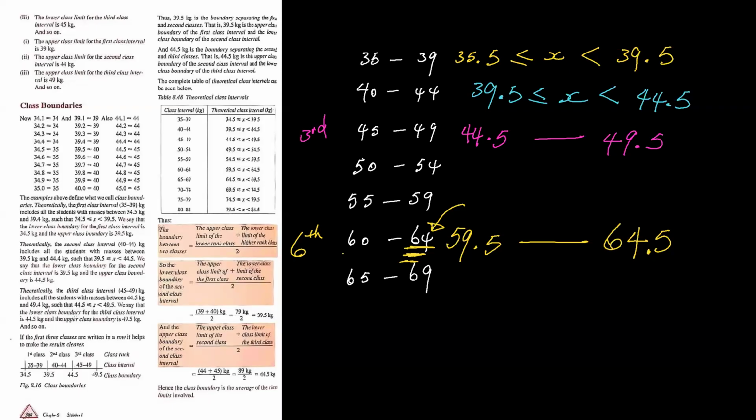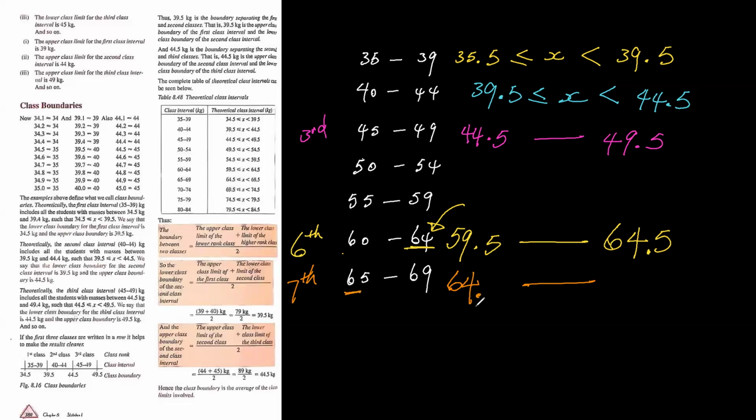All right. Good. Kishon, for the 7th interval, what's your boundary? What's the lower boundary?